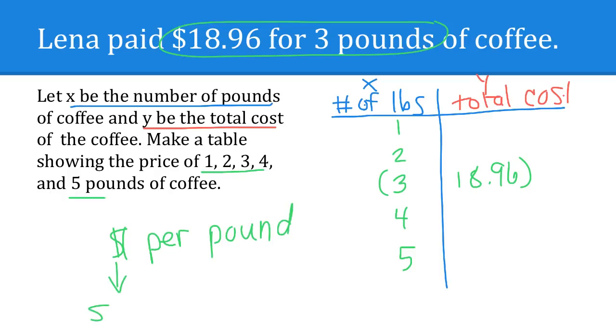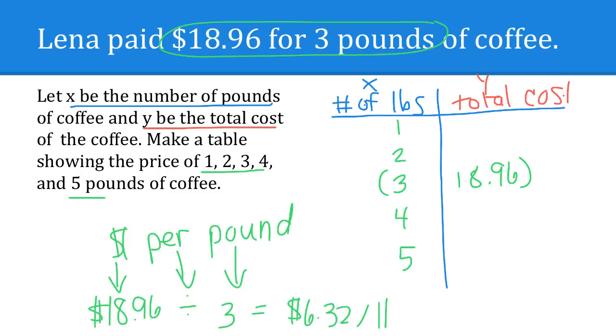I could take that $18.96 and divide it by 3 pounds. And if I picked up my calculator and did that, I would end up with $6.32 per pound. So that just gave me another piece of information. $6.32 for every 1 pound of coffee.